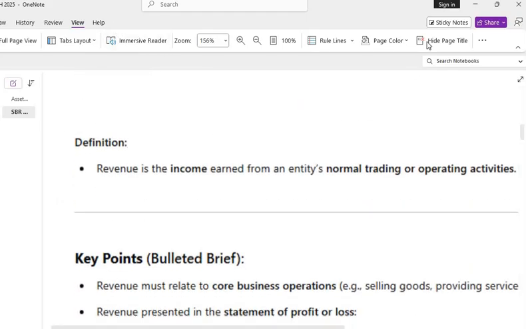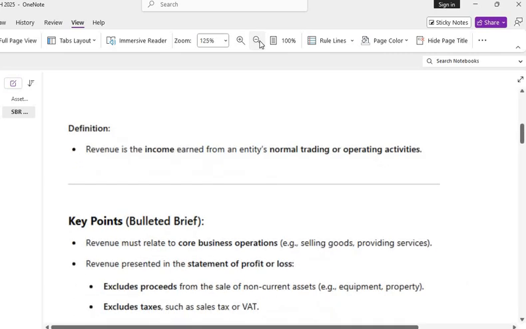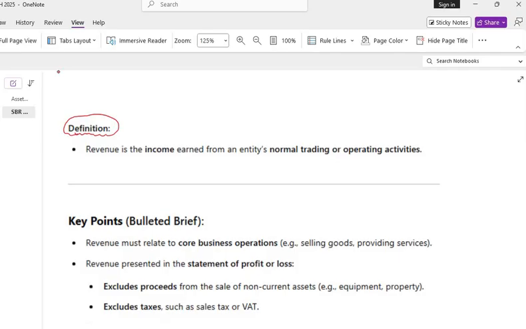Okay, you see here. Now let's start from the definition, that what will be considered revenue when we earn income. So revenue is actually income earned from the entity's normal trading or operating activity.